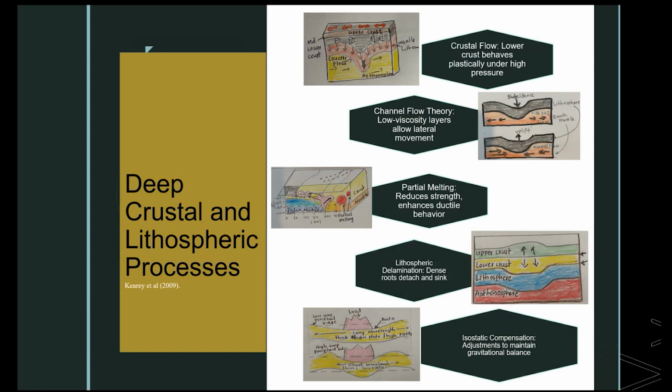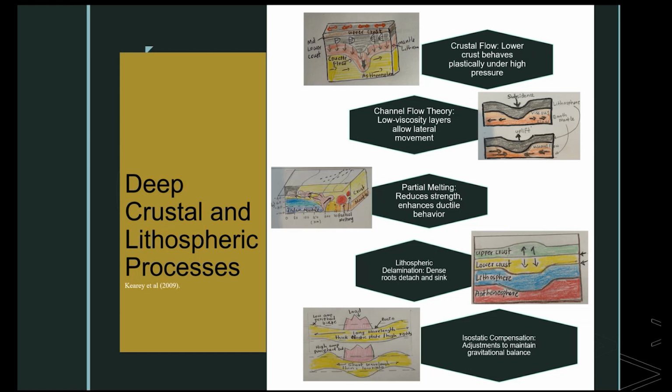Now let's move below the surface and examine what's happening deep in the crust and lithosphere during continent-continent collisions. These processes are often hidden from view but are essential to understanding and maintaining mountain building. Here the diagrams are shown for crustal thickening. As plates collide, you can see the crust doesn't just compress at the surface, it also thickens vertically.